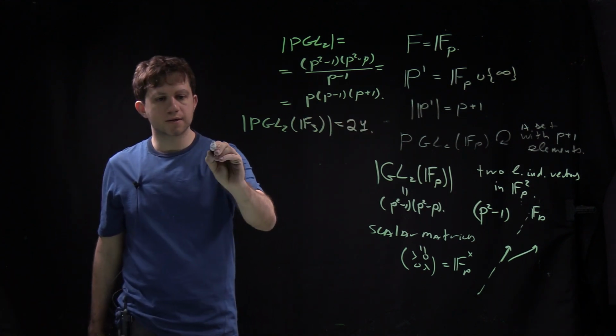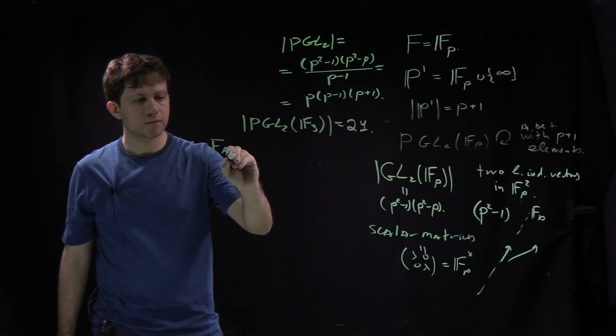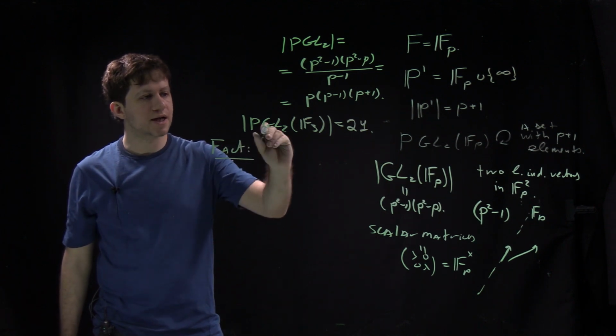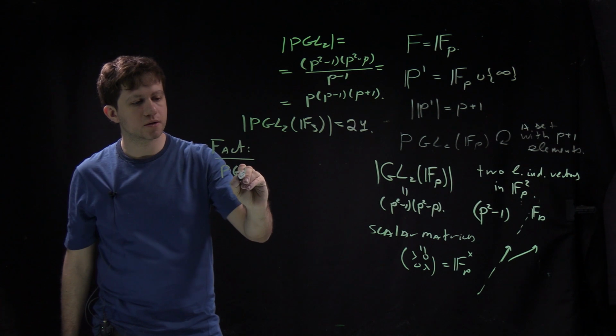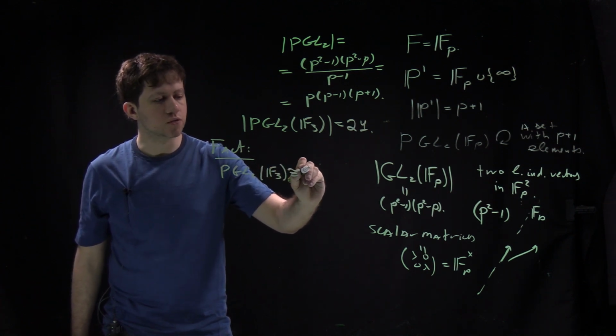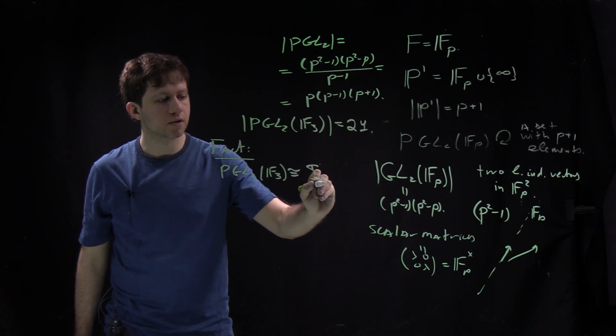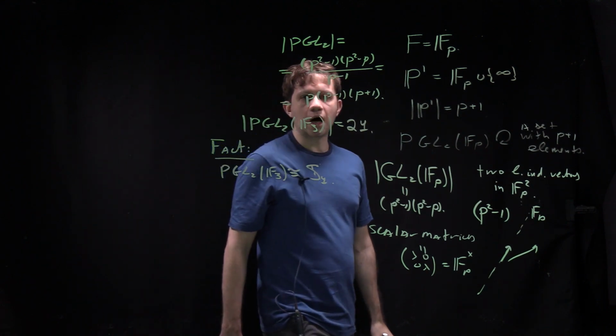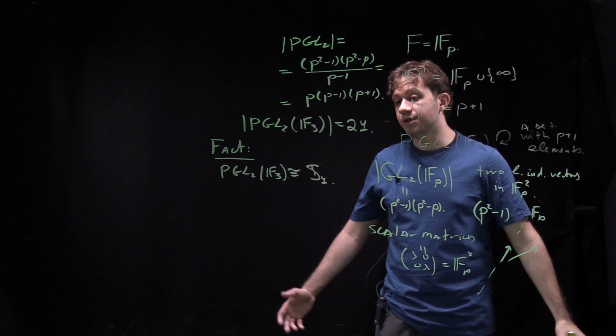And the fact is that PGL2 of F3 is isomorphic to S4. How is this the case? Let's see.